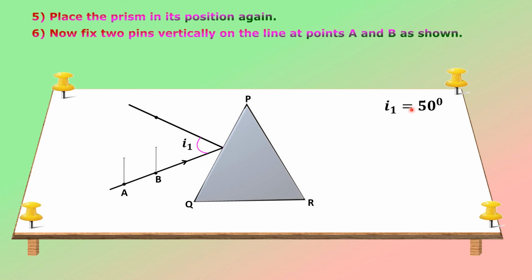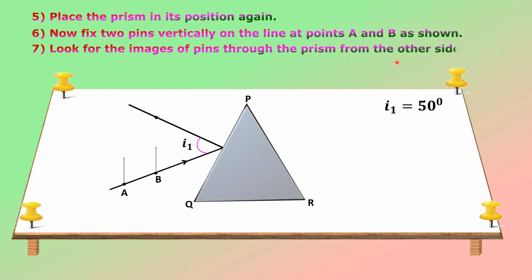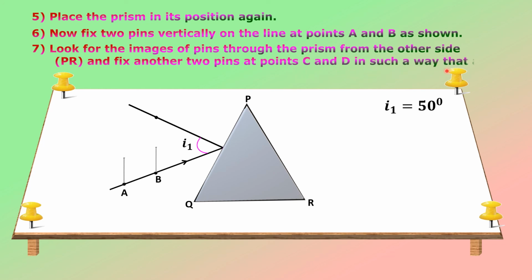An observer comes and looks for the images of these two pins through the prism from the other side PR, this is PR, and fixes another two pins at points C and D in such a way that all the four pins appear to lie along the same straight line.